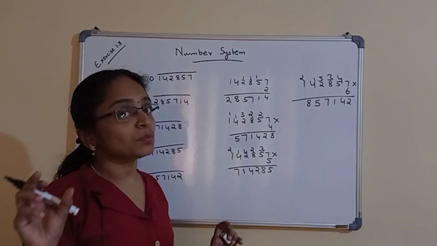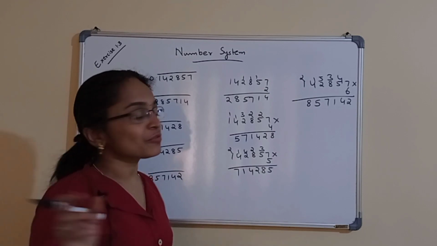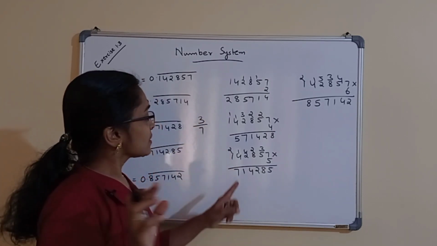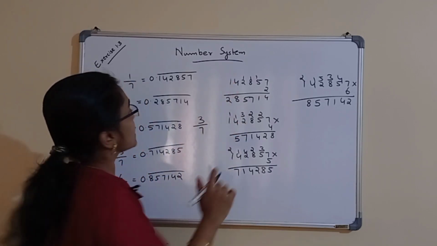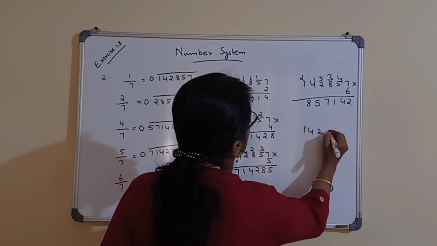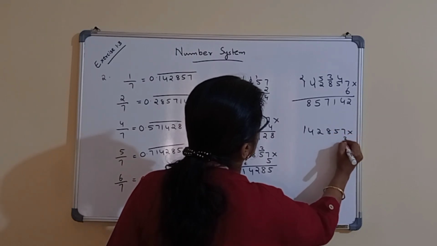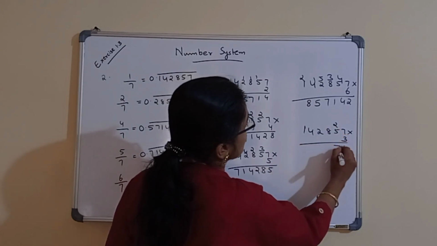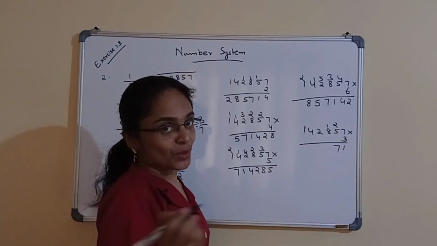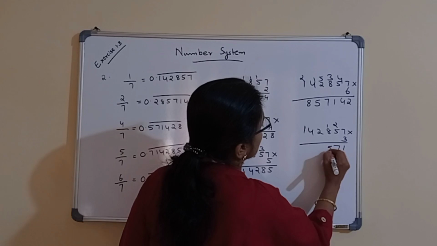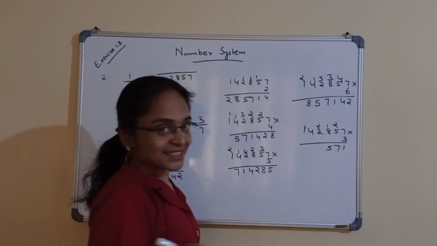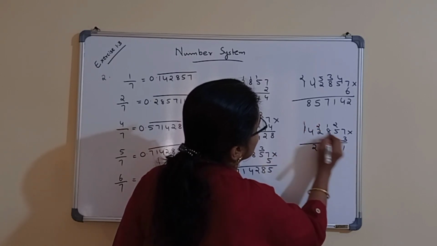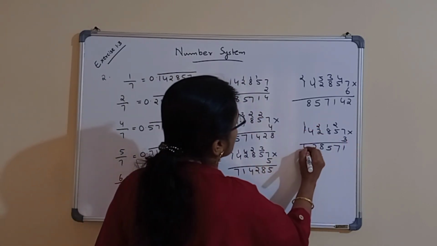And we have to find one more decimal expansion which we left to find. It is 3 by 7. What is 3 by 7? Just multiply this by 3. So we'll get 142857 into 3. 7 threes are 21. Then 5 threes are 15 plus 2 is 17. 8 threes are 24 plus 1 is 25. 2 threes are 6 plus 2 is 8. 4 threes are 12, and 1 into 3 is 3, 3 plus 1 is 4.